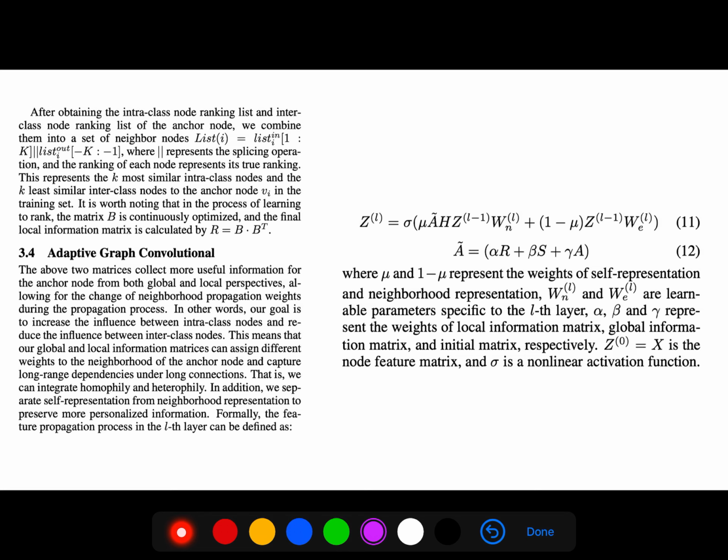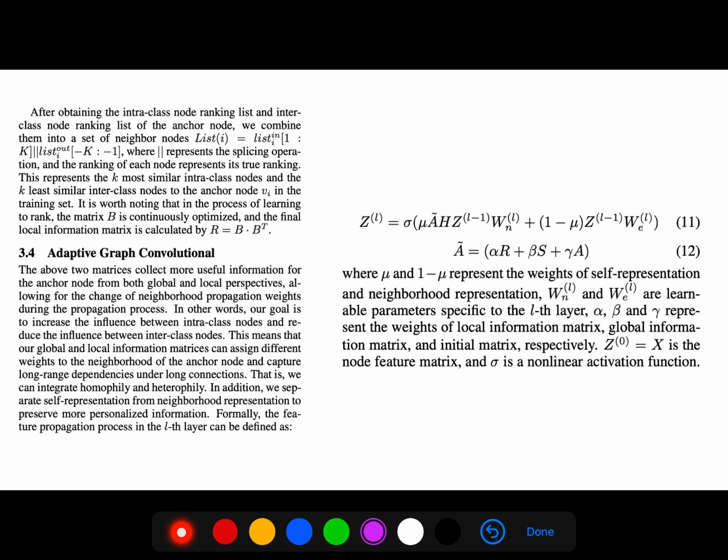Now we want to use this framework of adaptive graph convolution. The above two matrices collect more useful information for the anchor node from both global and local perspectives, allowing for the change of neighborhood propagation weights during the propagation process.